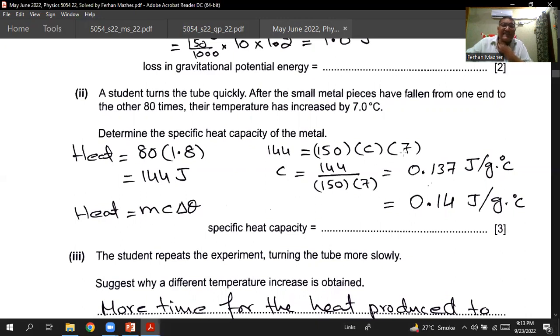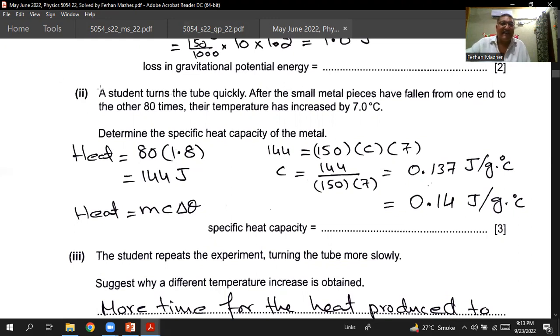The change in the temperature is 7 degrees centigrade. So the small c will be equal to 144 divided by 150 divided by 7, and that will be 0.137 joules per gram per degree centigrade. When you round it off to two significant figures, it will be 0.14 joules per gram per degree centigrade.